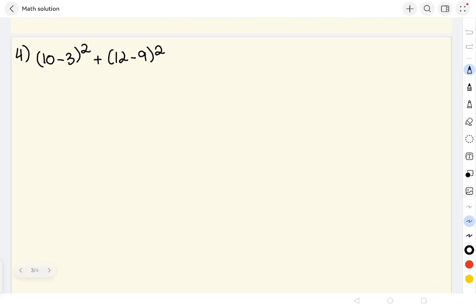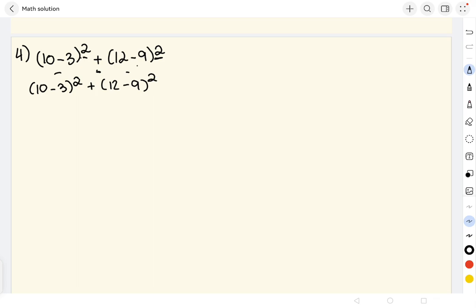Next one, we have exponents now. You see right over there we got exponents, and we got the groups, and we got the plus and the minus. So let's start with the groups as always. First, let's rewrite 10 minus 3 with the power of 2 plus 12 minus 9 to the power of 2.